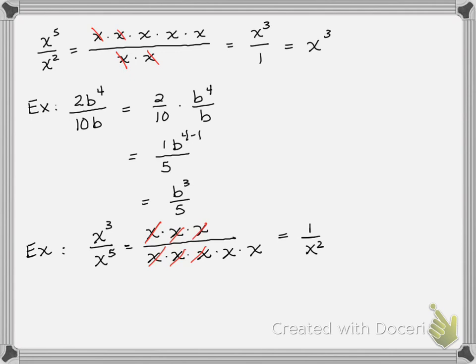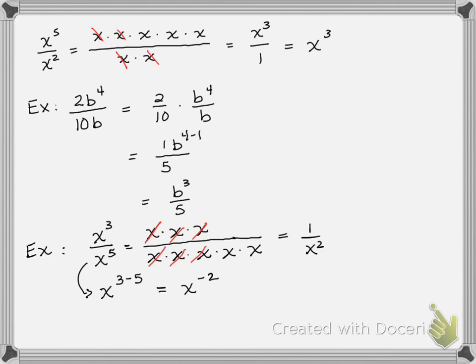Totally true. However, we also just learned the quotient rule, which said that if you divide 2 exponential expressions that have the same base, then that's got to be equal to x to the 3 minus 5, which is x to the negative 2. Yeah? So this leads us to our negative exponent rule.